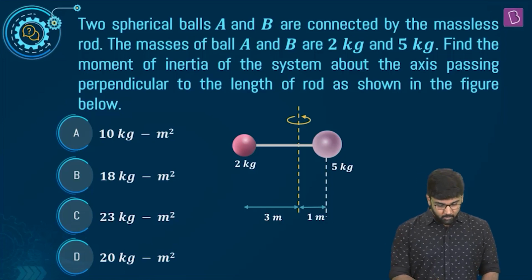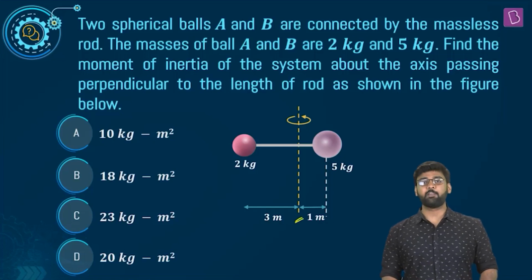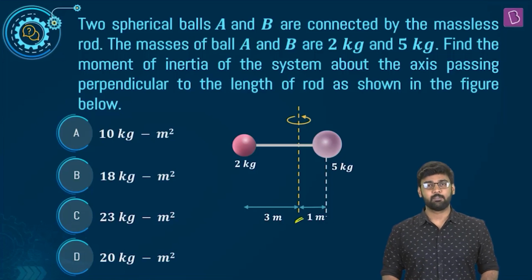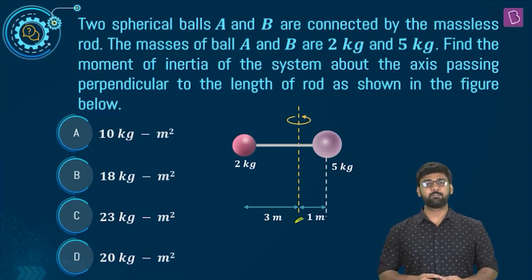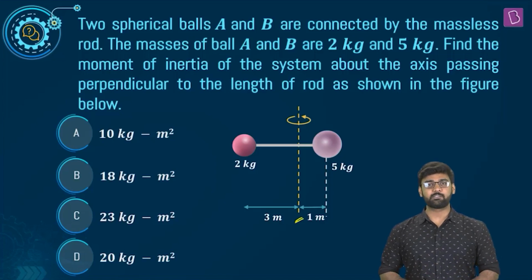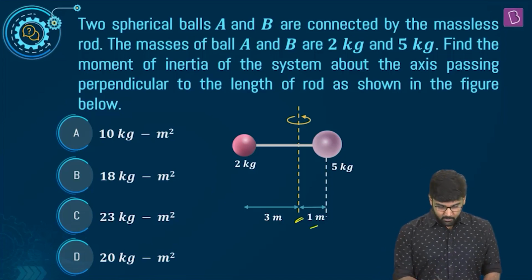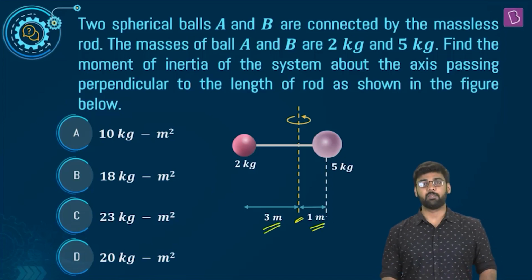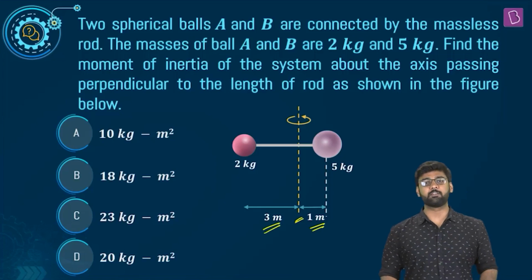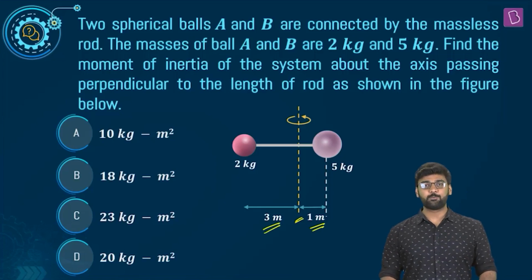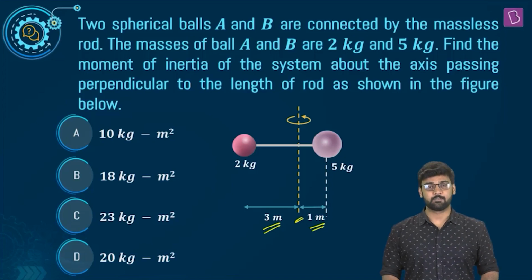So about this orange color axis, we need to find the moment of inertia. And the distance of these two spheres from this axis is given to us in the figure. The distances are 1 meter and 3 meter. So the distance of 5 kg sphere is 1 meter and the distance of 2 kg sphere is 3 meters.